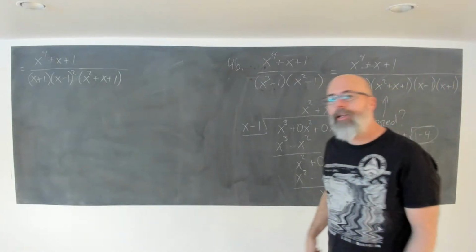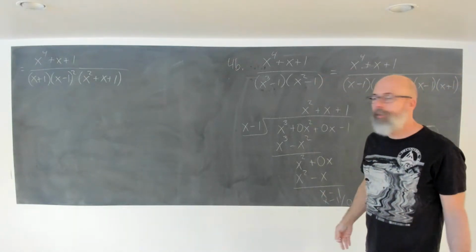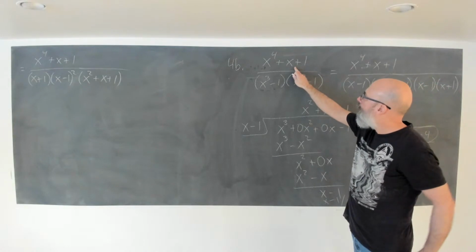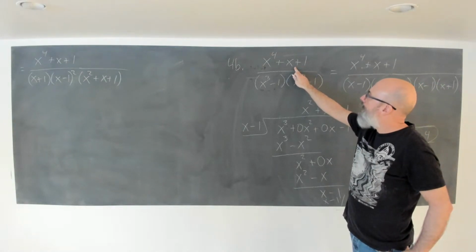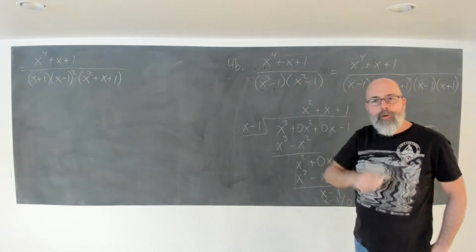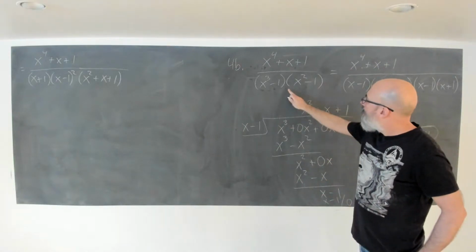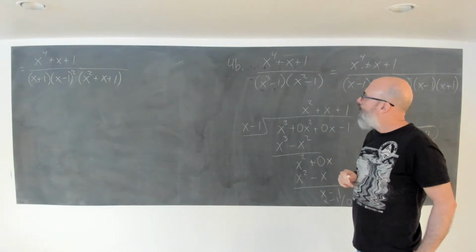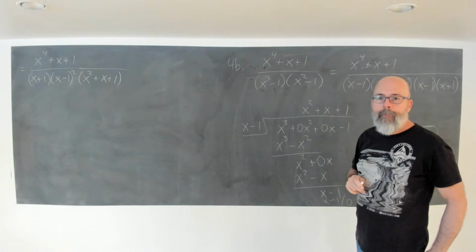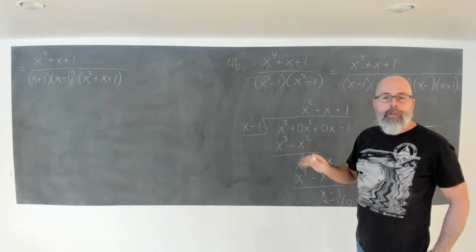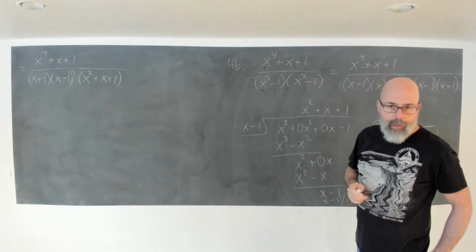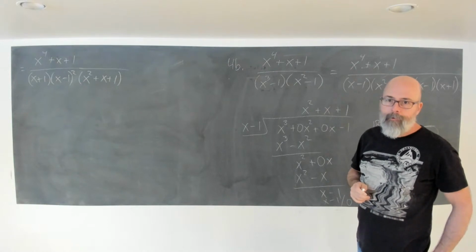And Matthew asks the obvious question, what do you do if the numerator has degree greater than or equal to the denominator, because equal is also an issue? Long division. Long division is what you start off with.